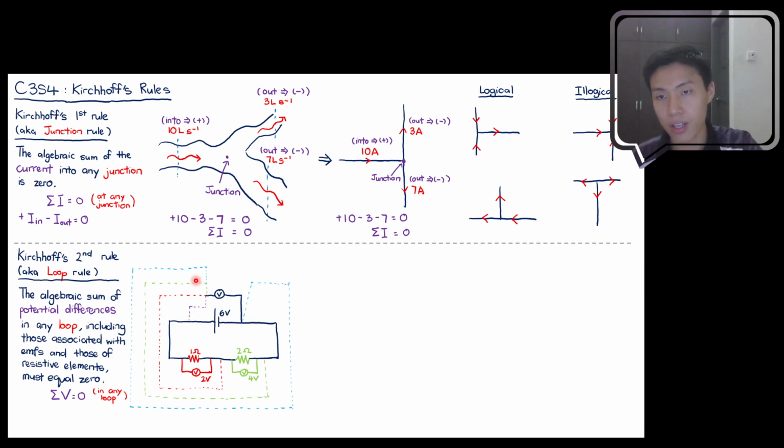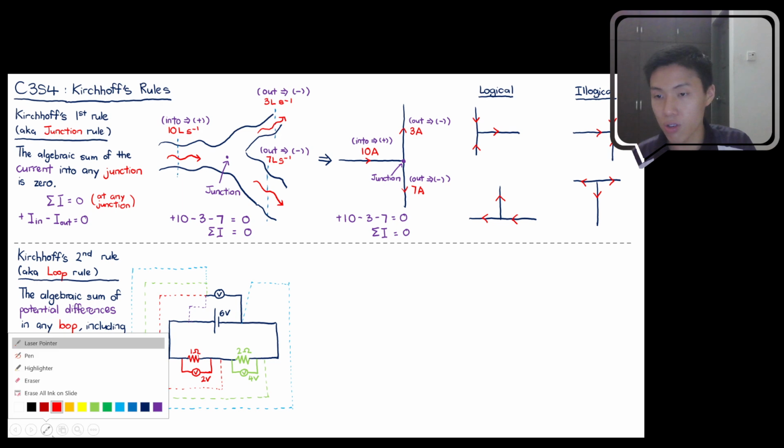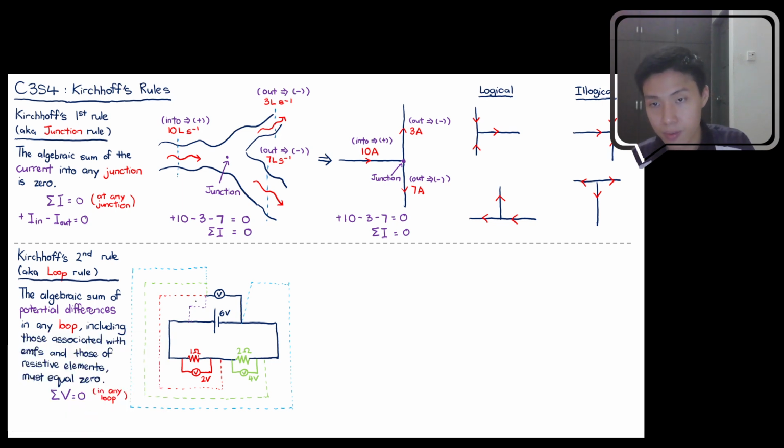You can ignore the red, green and blue lines and just focus on this one leg. This is measuring the potential difference across the battery, or the EMF only, so your answer should be 6 volt.